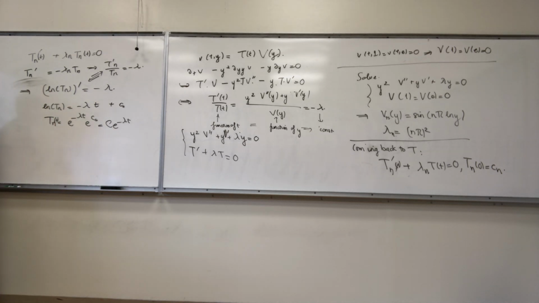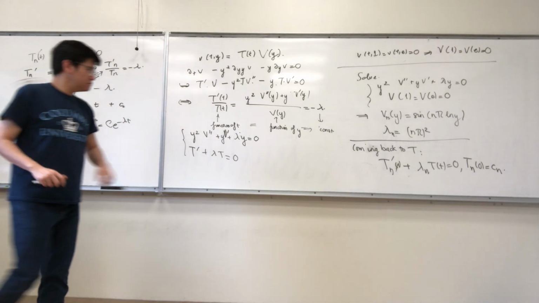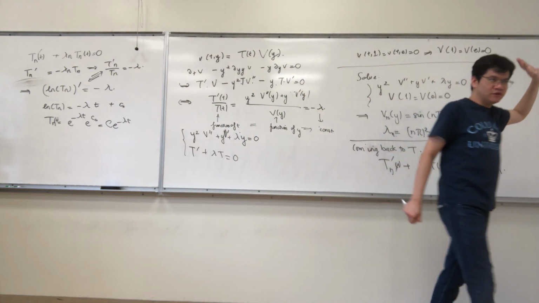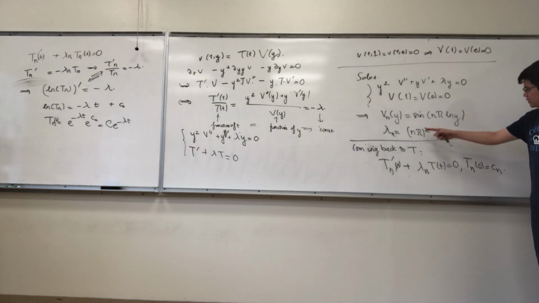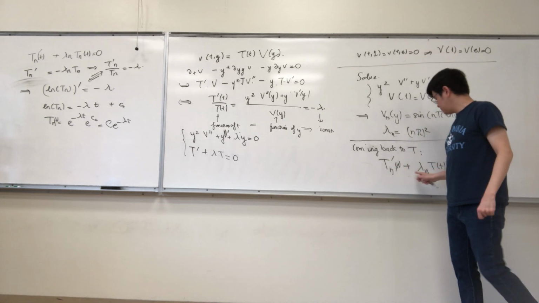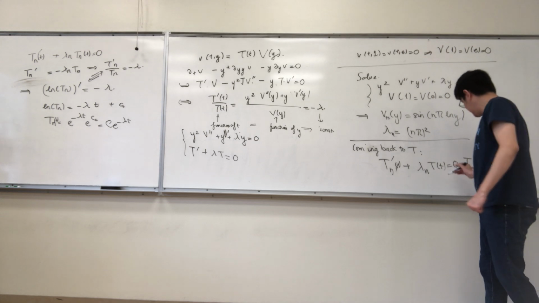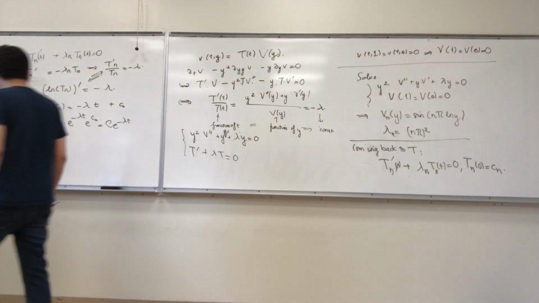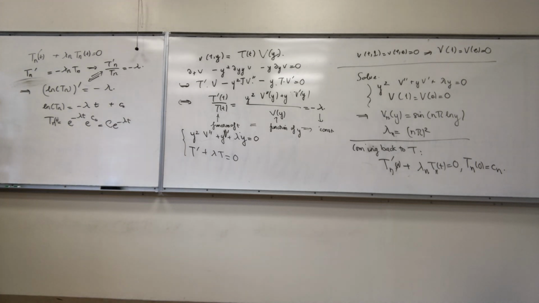Right, so I explain again. After I found the eigenvalues for the equation for v, which is n pi squared, I plug them into the first equation, T n prime plus lambda n T n is 0, with some initial conditions c n that we will identify later.